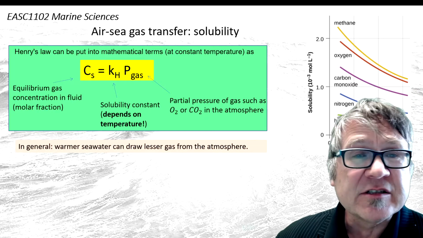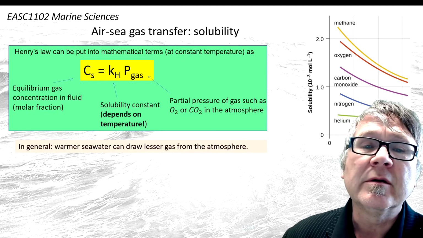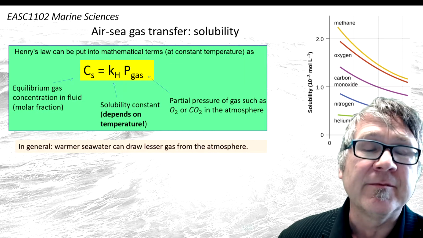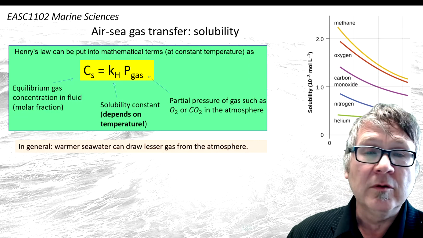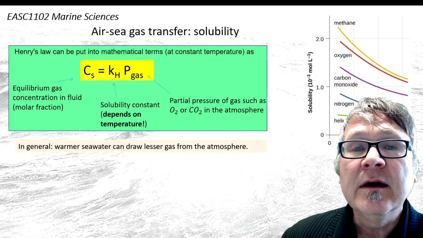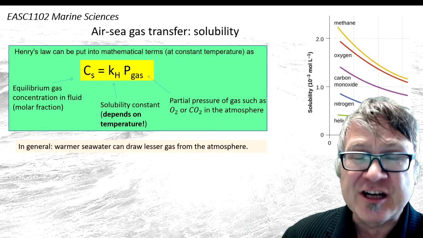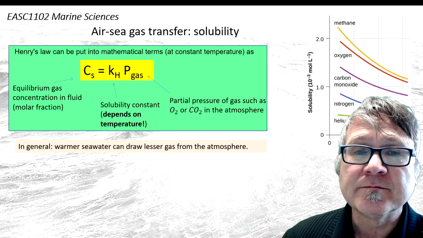Now what you can imagine is that within the atmosphere there's a certain fraction of a gas. And this fraction of a gas, like CO2 or oxygen, can be expressed by a certain partial pressure, the partial gas pressure.